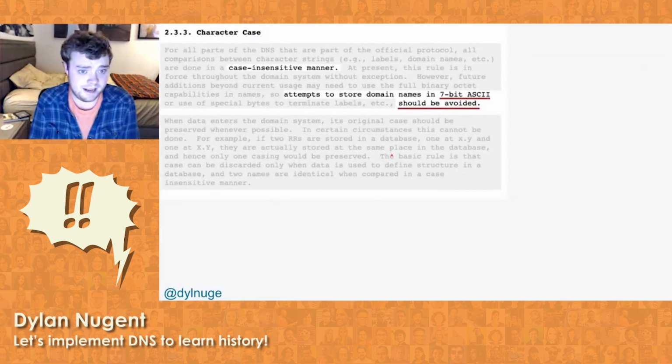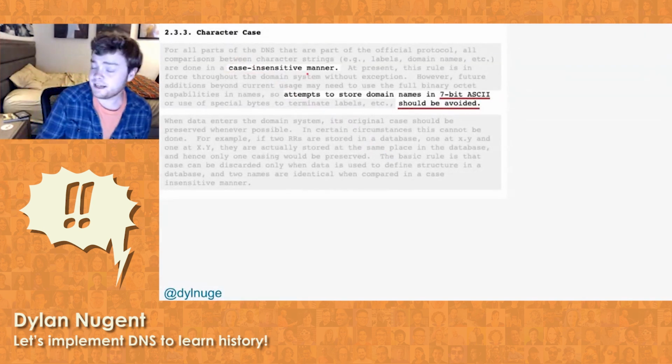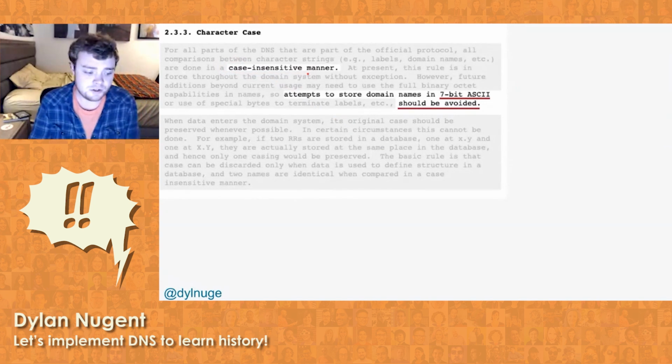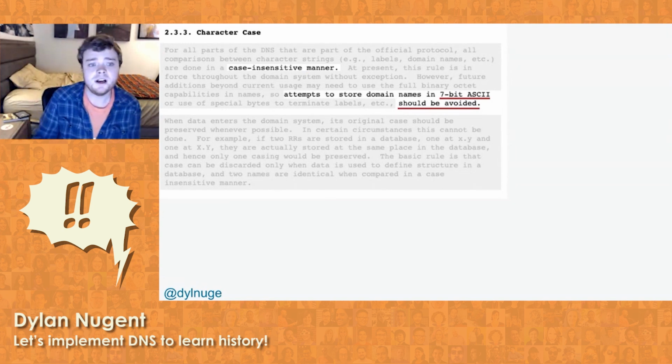We also had the idea that domain names would be case insensitive very early on. So if you type capital google.com into your web browser, it will still go to the same website as if you type it lowercase. But we didn't have a full understanding of character encoding. Unicode wasn't developed until 1988, I believe, or late 87. So we didn't really know what this meant.